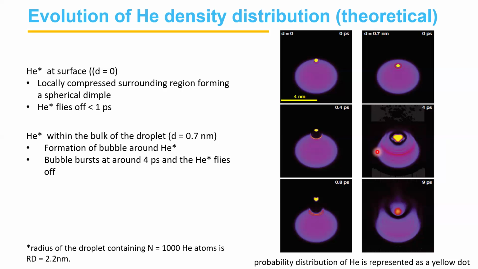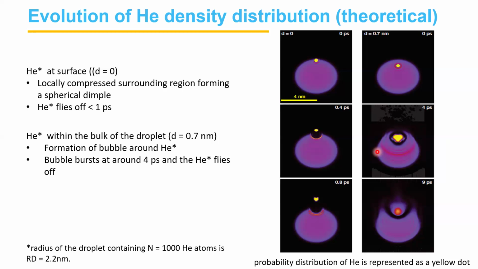So in this case, two cases were considered. At D equal to 0, which signifies the helium atom is at the surface of the nanodroplet, and in case of D equal to 0.7 nanometer, it would be deeply inside the nanodroplet.